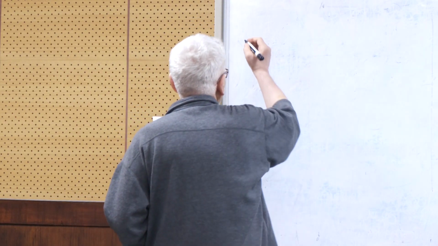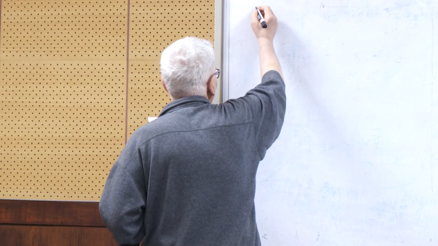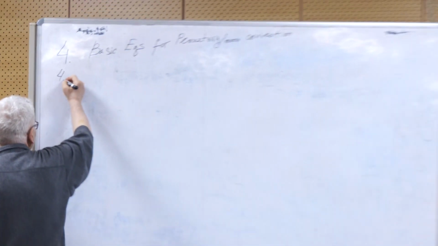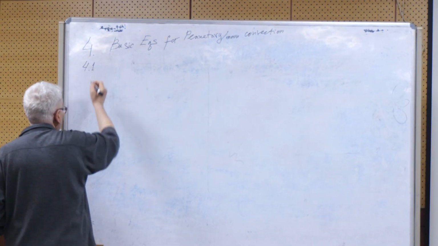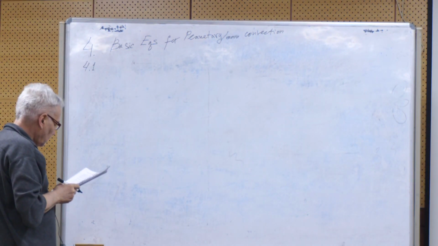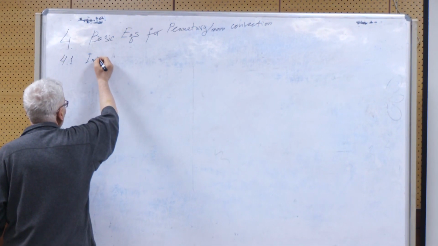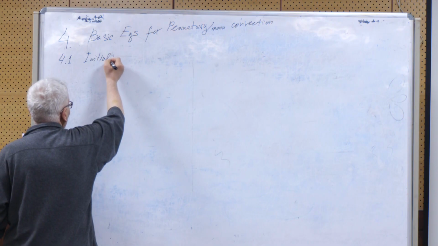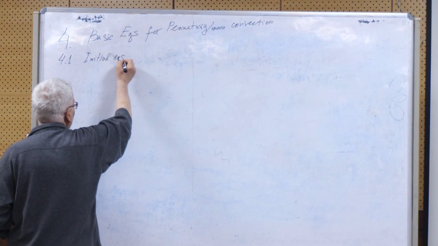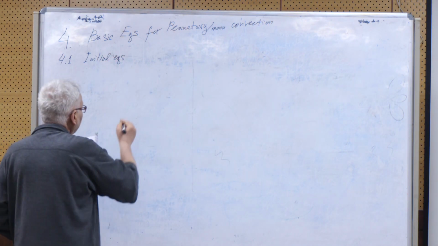But let's start first of all from the initial equations. So we proceed to the first paragraph in this chapter. It will be named in the same way, 4.1: initial equations and simplification.